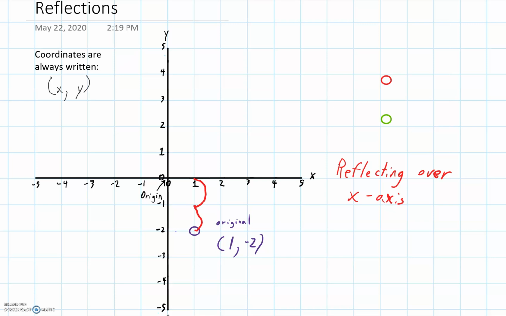So that's -2 y, or 2 spaces below the x-axis. And since we're reflecting over the x-axis, that means we're going to flip to the other side of the x-axis. So we're going to go 2 spaces above the x-axis now. So it was 2 below, now it's going to be 2 above.